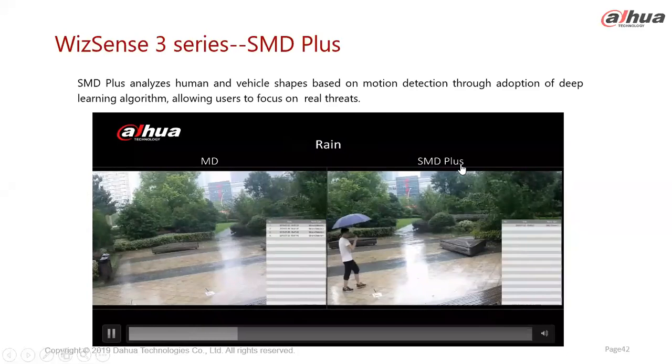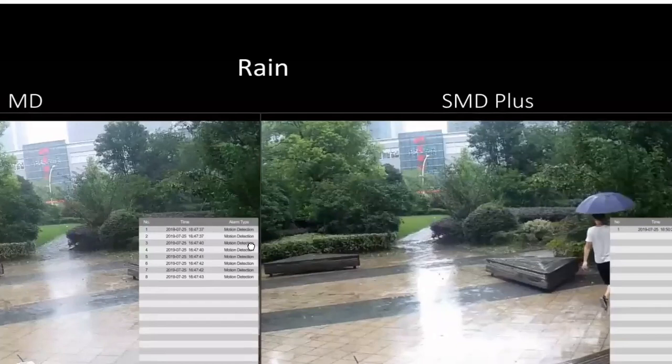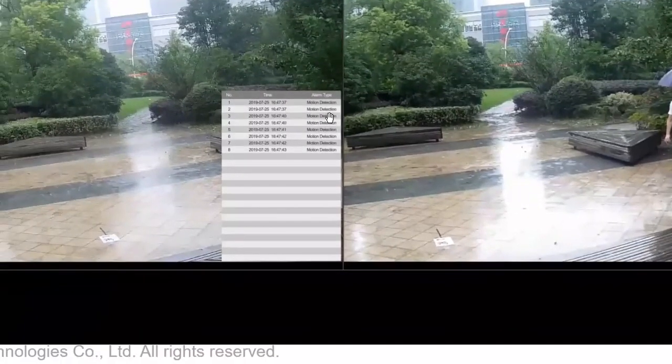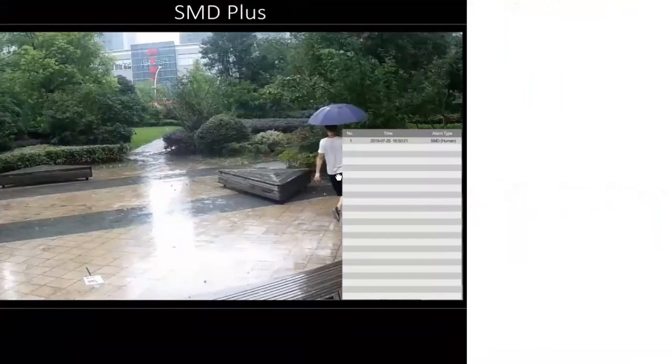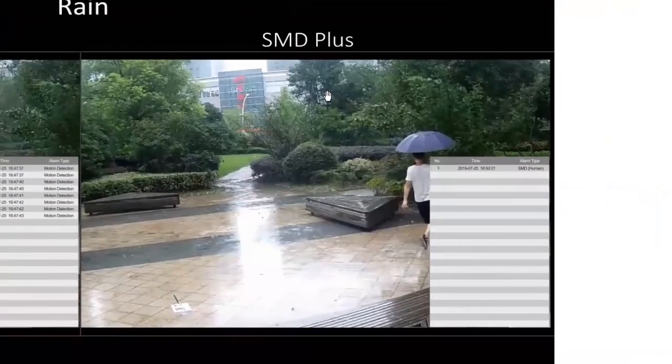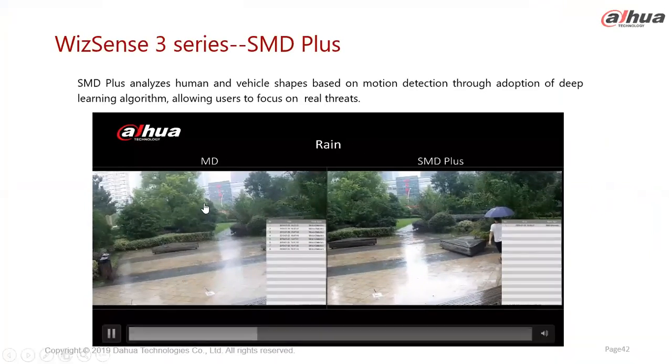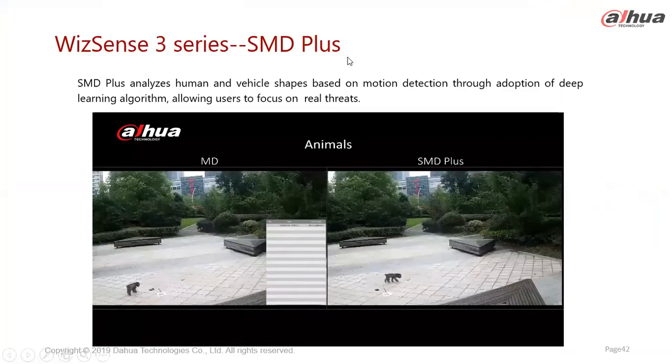Whilst with SMD Plus, where you can categorize humans and other objects, the alarm is not triggered by other objects. In this case, the alarm is only generated when there is a human. In the other case, even moving leaves will create an alarm because of motion. So always survey the support for alarms. If you're making product suggestions, take into consideration that you have to know our series of cameras and which functions they offer.